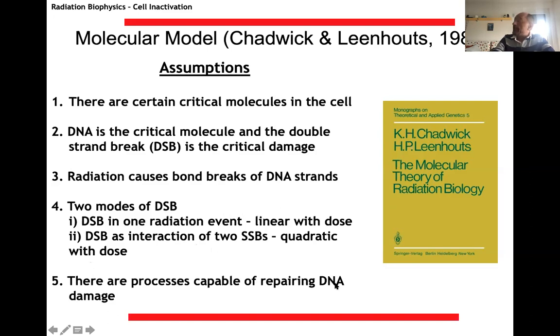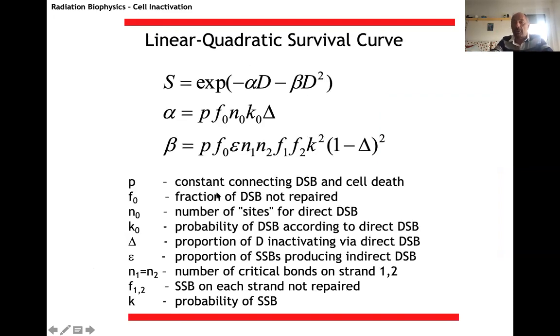Then, of course, you can repair the DNA damage. But these are the assumptions. And you probably already see that these assumptions are wrong. These assumptions are wrong, and I will show you why. The result of this assumption is a very sophisticated equation. Of course, eventually, being intra-track and inter-track, the final result will be a linear quadratic equation.